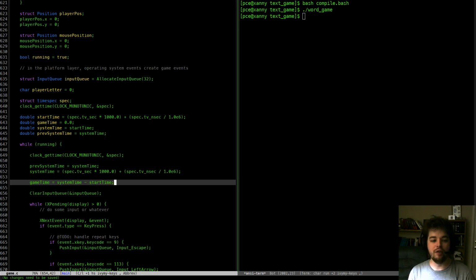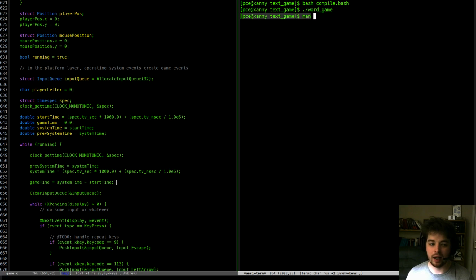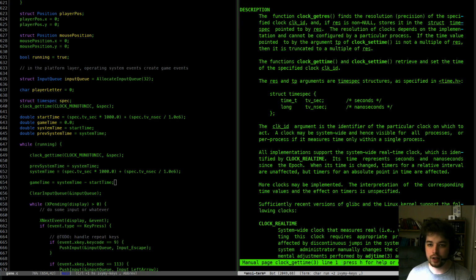Now, the value of start time is going to be in milliseconds, and it's milliseconds since the epoch began. And on Unix or a Linux operating system like we're using here, the epoch began January 1st at midnight in 1970. So it's the number of nanoseconds since that happened, I believe. Now that I think about it, maybe get time is going to give us the amount of time since our computer was started, but I'm not actually sure.